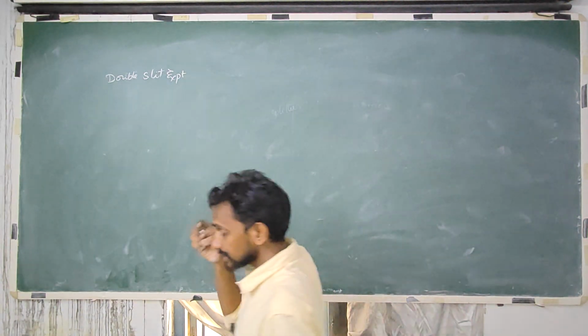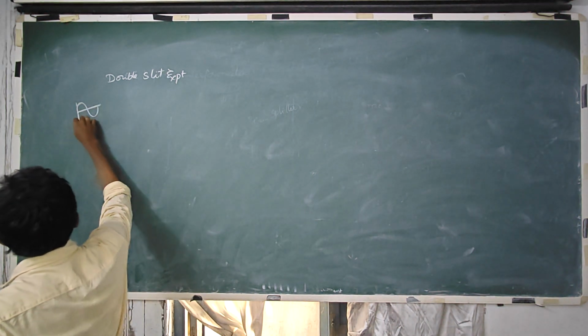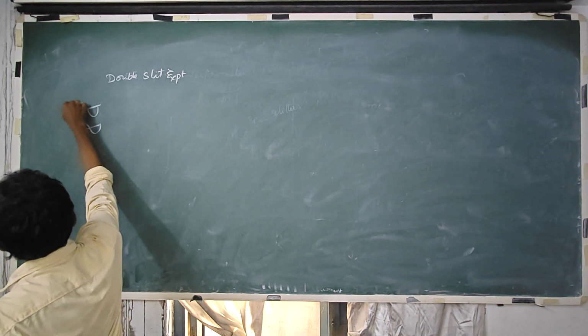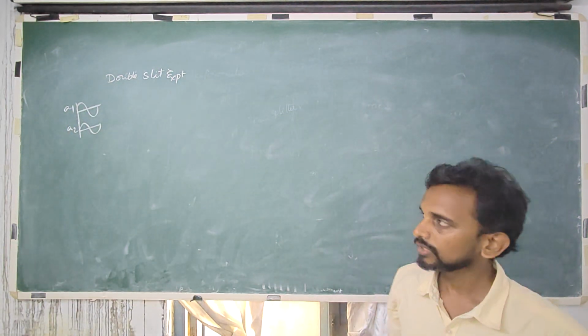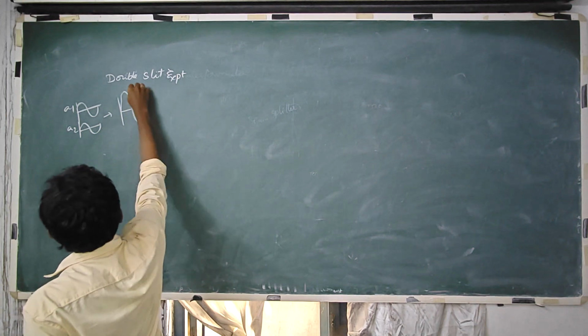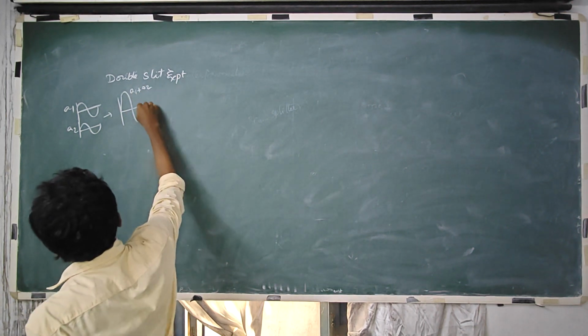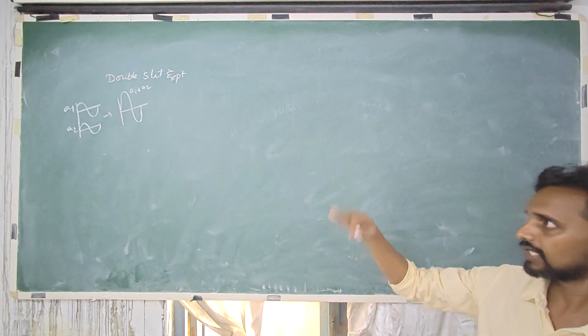In double slit experiment, let's say when you are superimposing two waves with amplitudes A1 and A2, for constructive interference, the resultant amplitude is A1 plus A2. Amplitudes will add up.